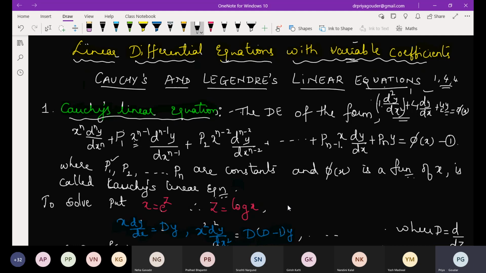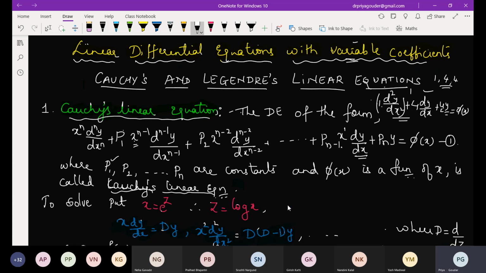Similarly here the n minus 1 derivative is there, along with that you should have x to the power n minus 1 only. dy by dx is first order, so x to the power 1. If you have such a differential equation, it is called Cauchy's linear equation.